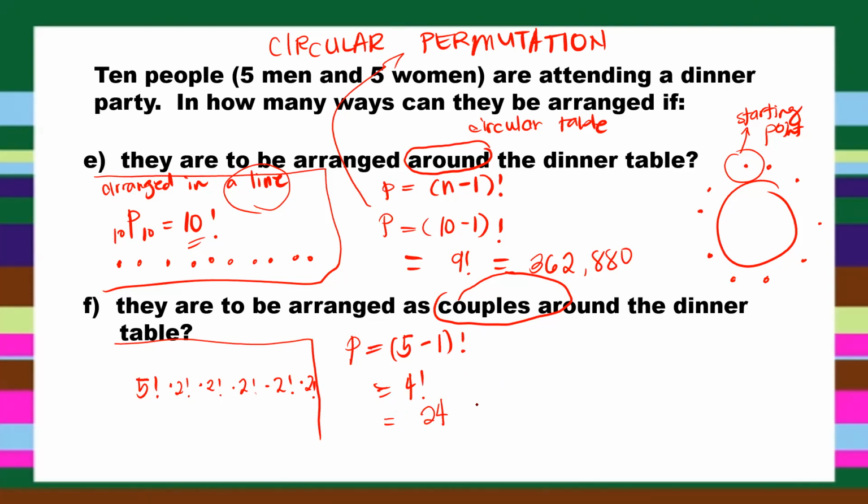So if they have their individual arrangement, this is times 2 factorial, times 2 factorial, times 2 factorial, times 2 factorial, times 2 factorial. 1, 2, 3, 4, 5. Ano po yung magiging answer natin dito?